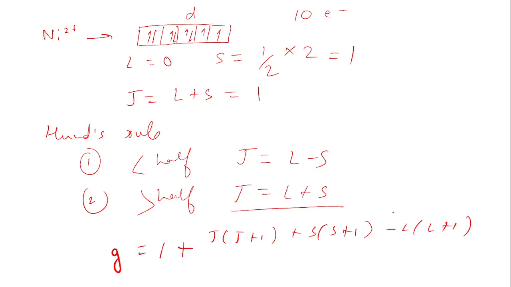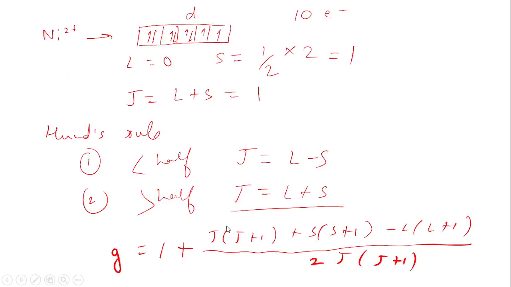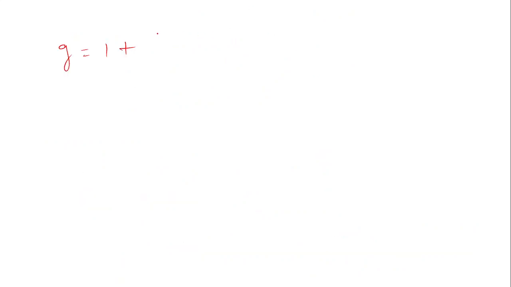L here is 0 anyway, so that term is 0. Let's put the values here. G will be 1 plus, and J is 1, so J(J+1) is 2.